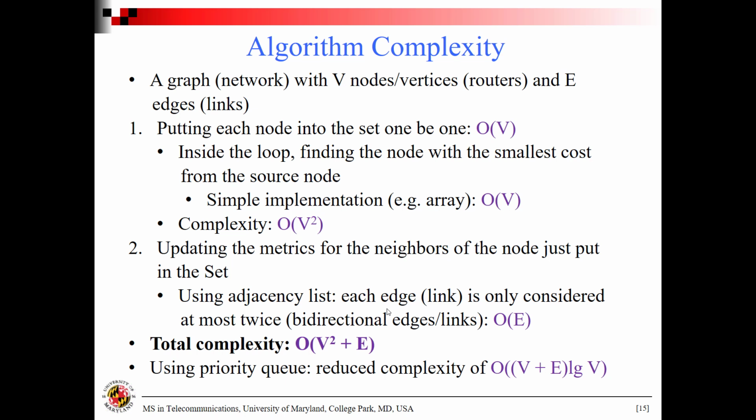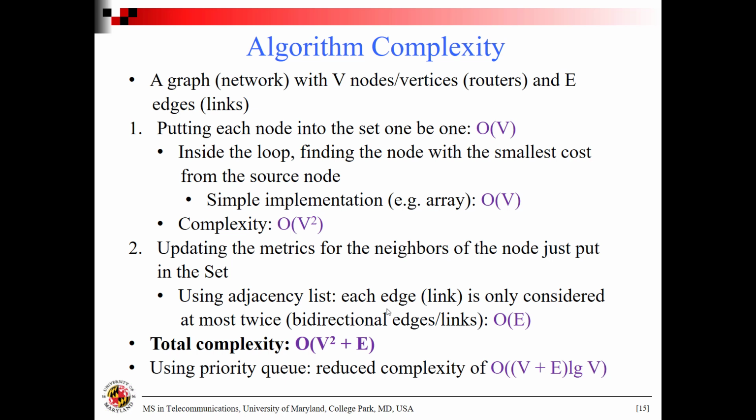You could also think of it as, when you first run the loop, you're going to have to pick one node from V minus 1 nodes, right? So you have to run it V minus 1 times. Then for the second iteration, you need to run it V minus 2 times, third iteration V minus 3 times, and so on and so forth.